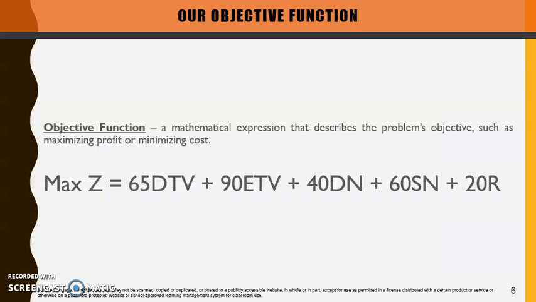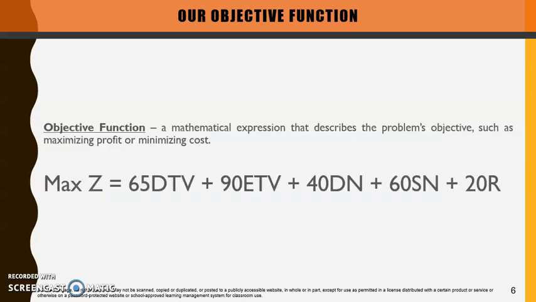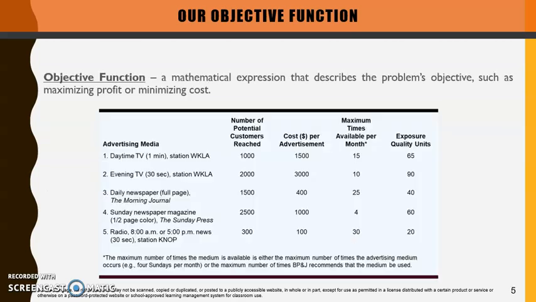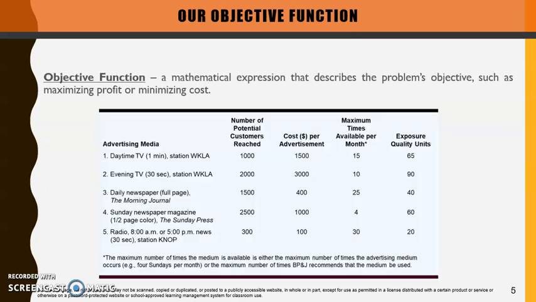As you can see here, you see 65 DTV plus 90 ETV plus 40 DN plus 60 SN plus 20R. And this is your objective function.